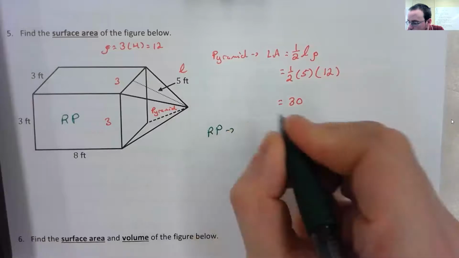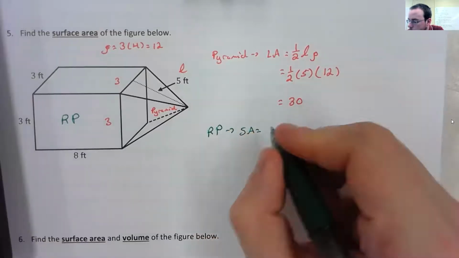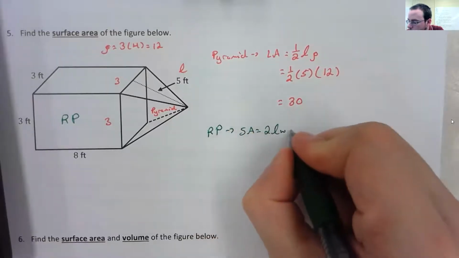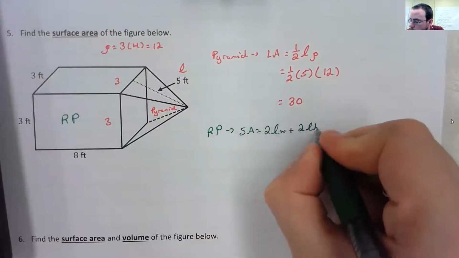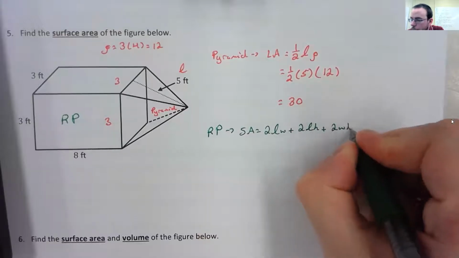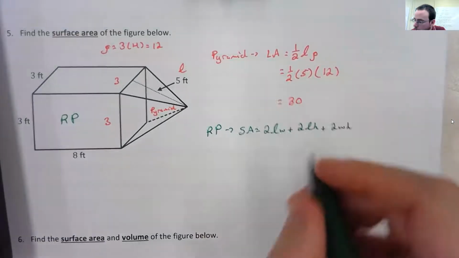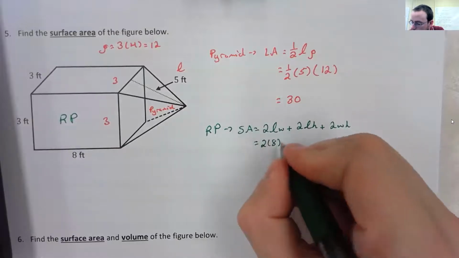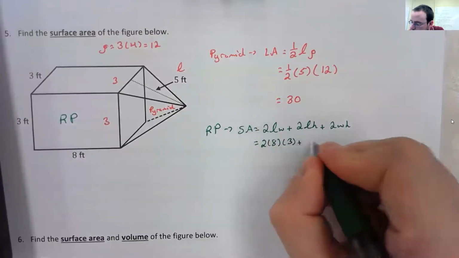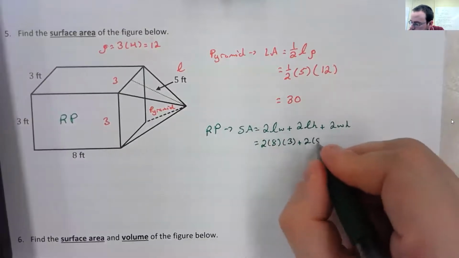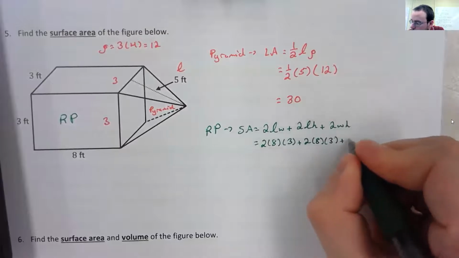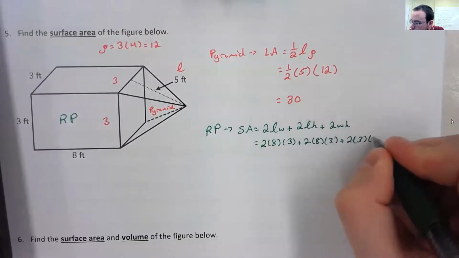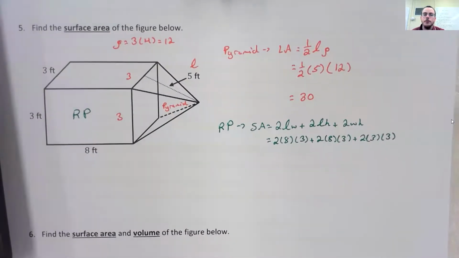So the rectangular prism, the surface area is given to us by 2 length times width plus 2 length times height plus 2 width times height. So our length is equal to 8. Our width is 3. Again, our length is 8. Our height is 3. And then we just plug in 3 for both the width and the height.